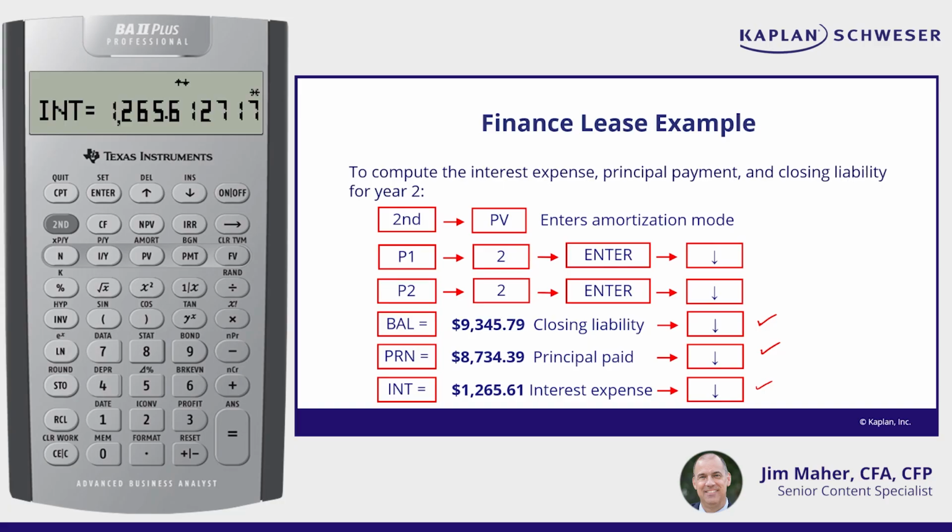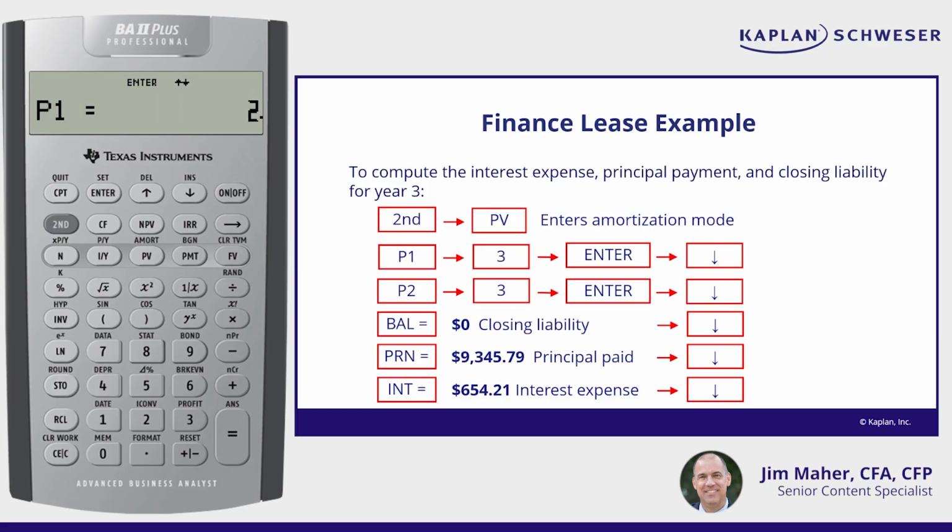Now let's take it one step further. And you could do this for any year that you really wanted to during the term of the loan. We just illustrate 3 years for you, but you don't have to do 1, then 2, then 3. You can instantly go to year 3 if you so desire. So second, present value, once again we get back in our amortization mode. We have to change that 2 to 3, right? So 3, enter. Then we scroll down. We're still evaluating the third period there.